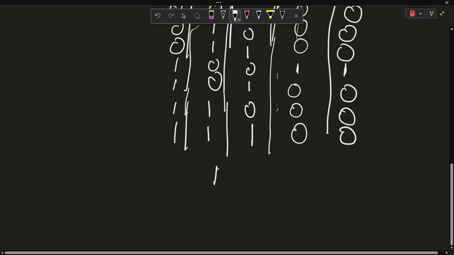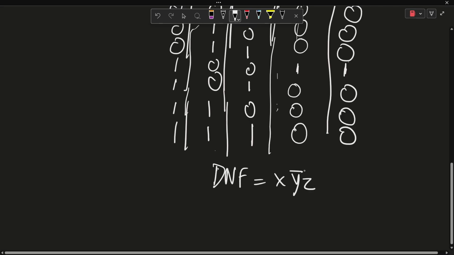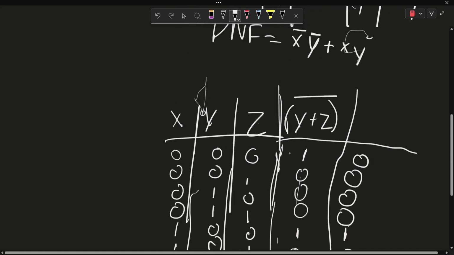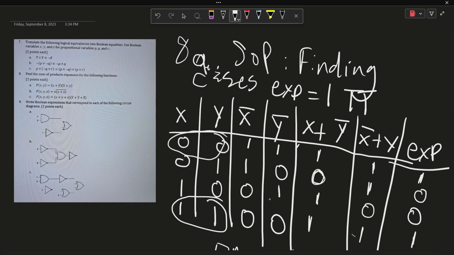And that's the only one you can really get there. And that should help you do 8C.